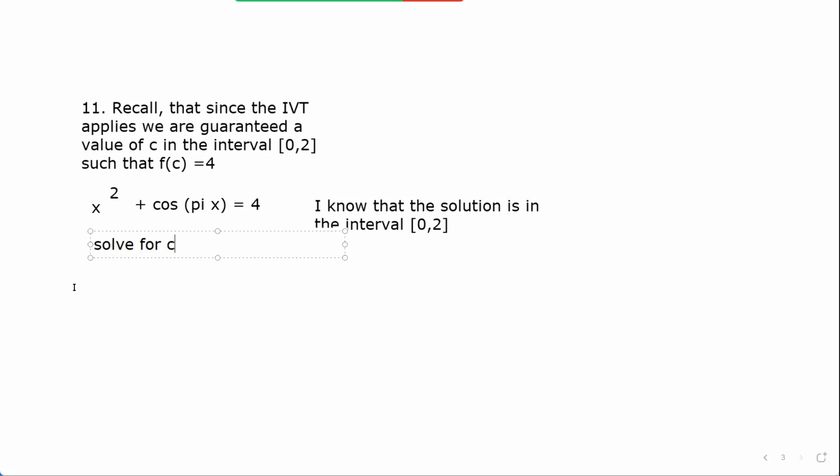What I'm going to do here, and I did something with the format, is change this now to c. So this is going to be c squared plus cosine pi c equals 4. I don't think she did this step because she just went to the calculator.